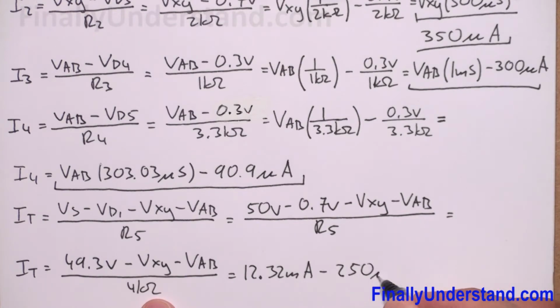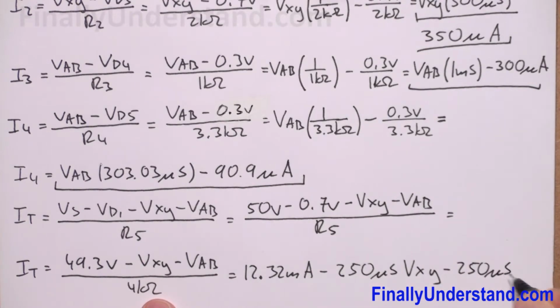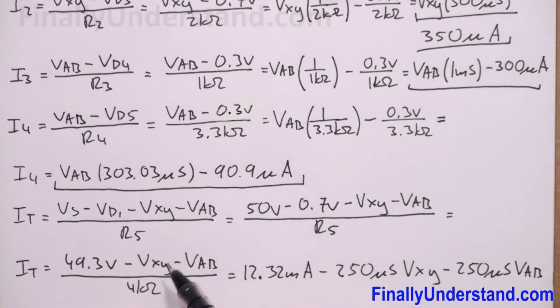Okay, so we have 250 microsiemens VXY minus also 250 microsiemens VAB. Okay, what I did over here, I simply convert this single fraction into 3 fractions and perform the calculations. I divide 49.3 volts by 4 kilo ohms, I get this.